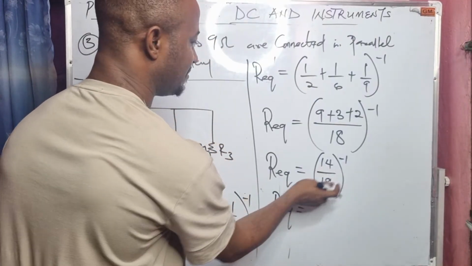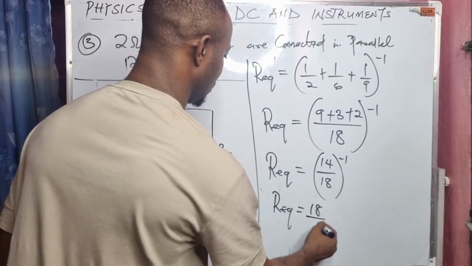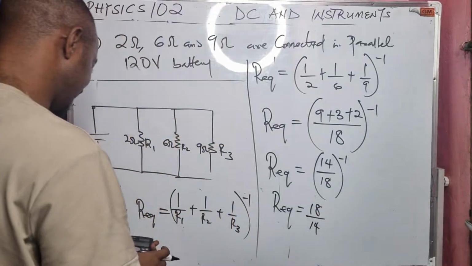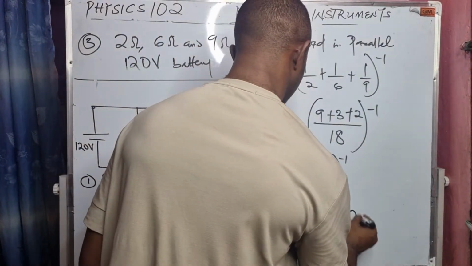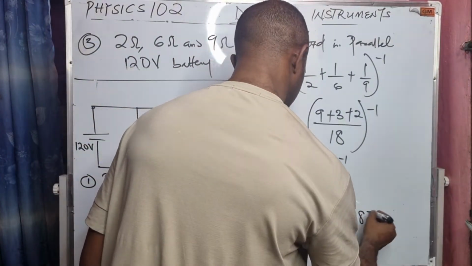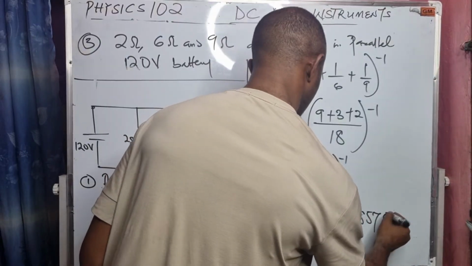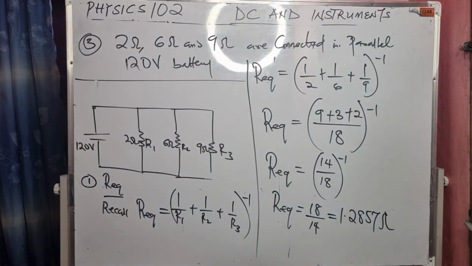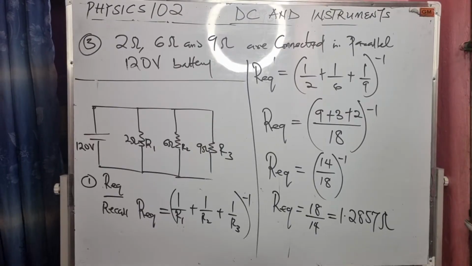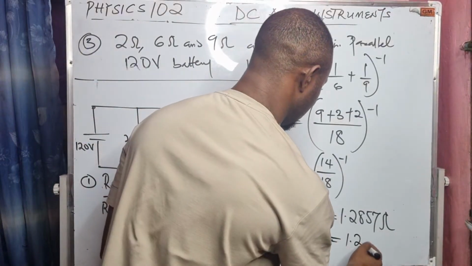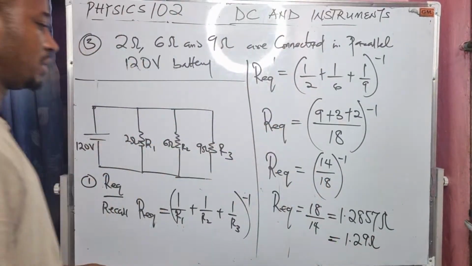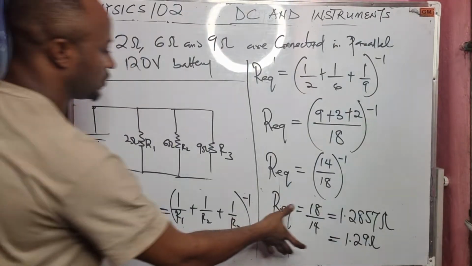This sign means inverse, so it becomes 18 over 14. Dividing 18 by 14 will give us about 1.2857 ohms. That will be our answer there. Or we can approximate this to be about 1.29 ohms, right? So this is our R equivalent.